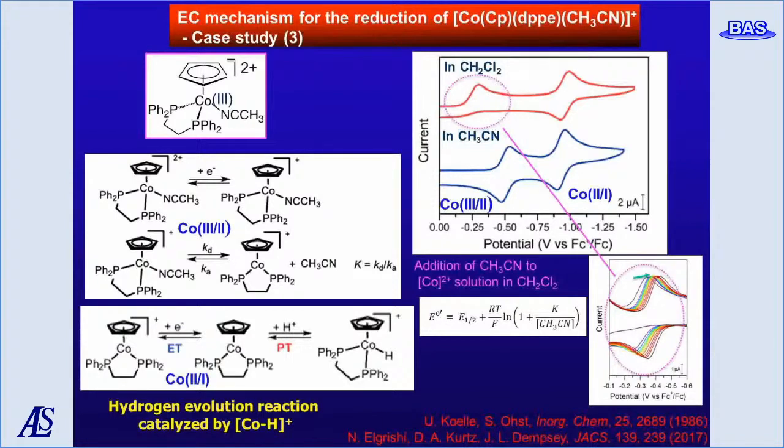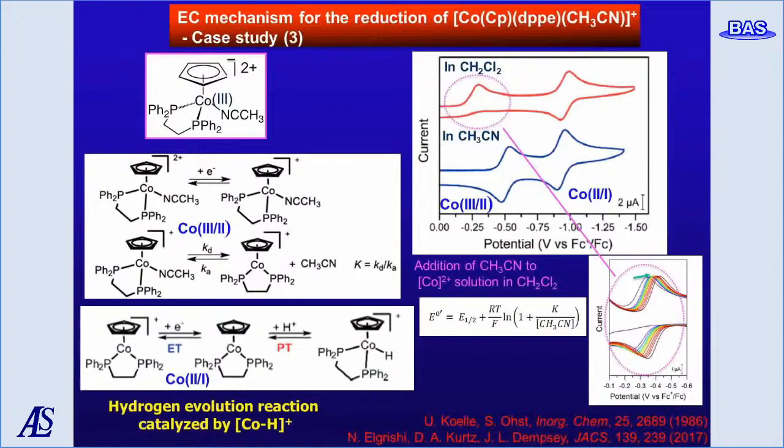The structure is shown in this slide, which is relevant to electrochemical dihydrogen evolution catalysts. In acetonitrile solution, two-step one-electron reduction waves were observed at minus 0.51 volt and minus 0.93 volt versus the ferrocene couple.